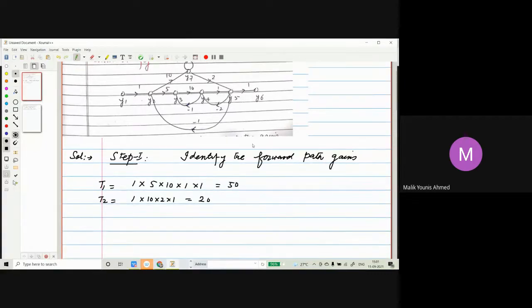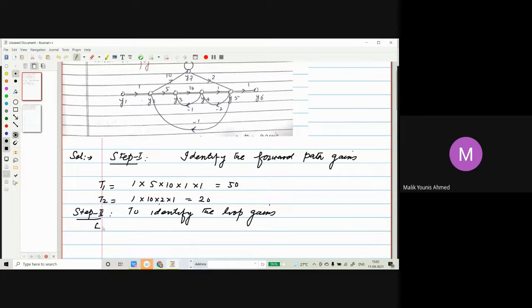Now next, step number 2 is to identify the loop gains. So you can see how many loop gains we have.